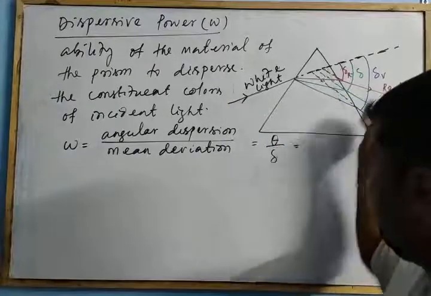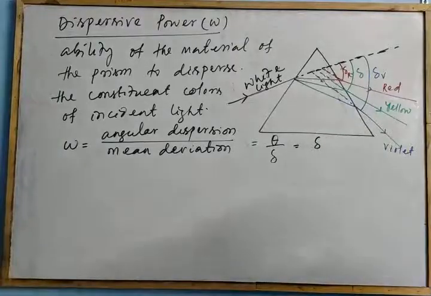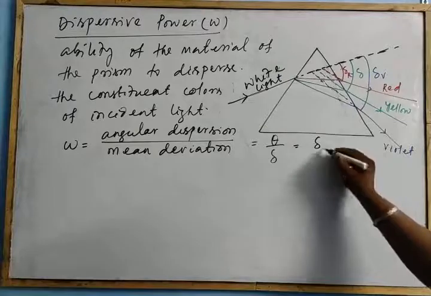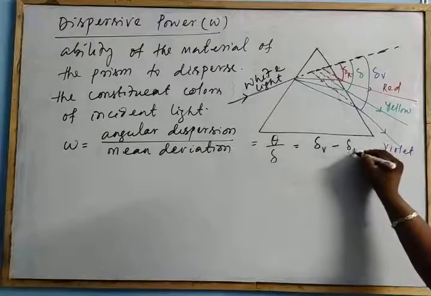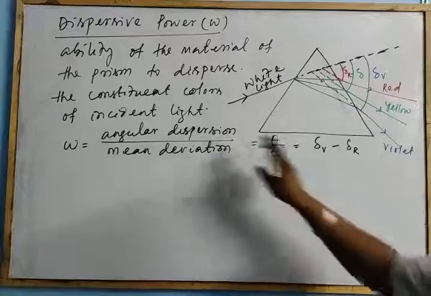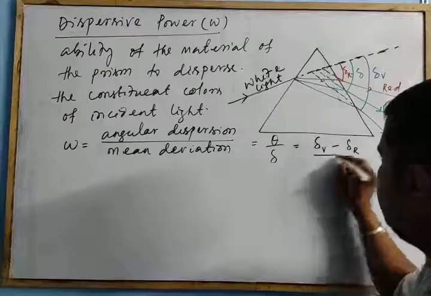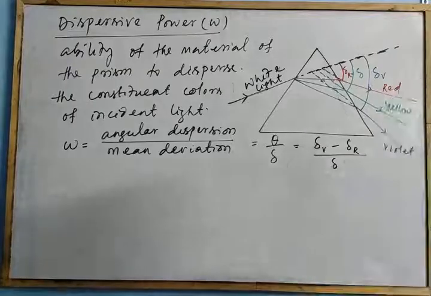As you know, theta for the white light case is delta V minus delta R. That is the angular dispersion in terms of angle of deviation, divided by delta.